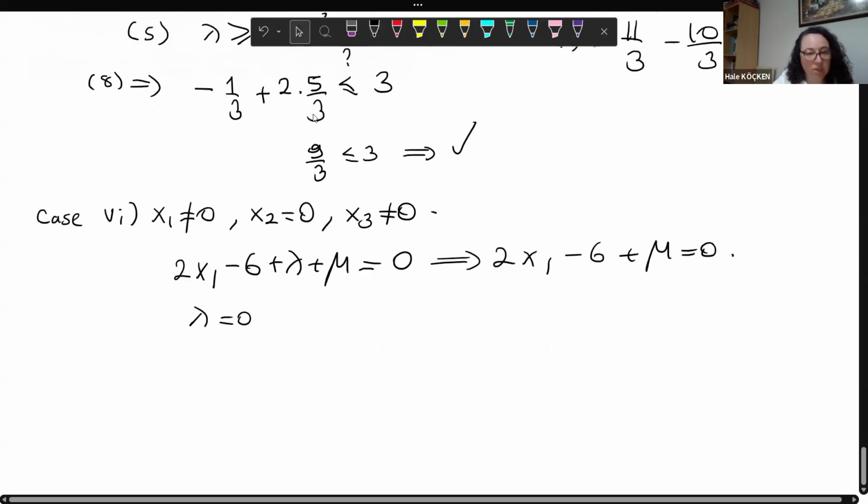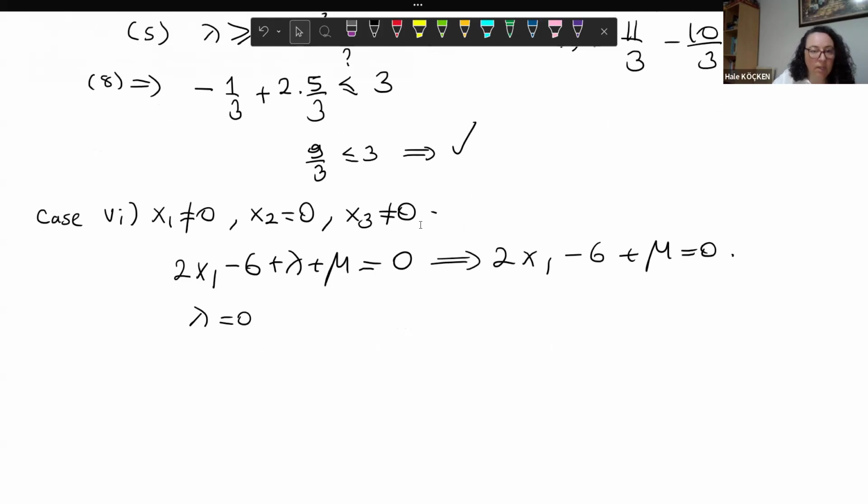Lambda is 0. I'm checking that. I just use two inequalities here. Fourth is satisfied directly. From 7, I can write x1 plus x3 is 2.